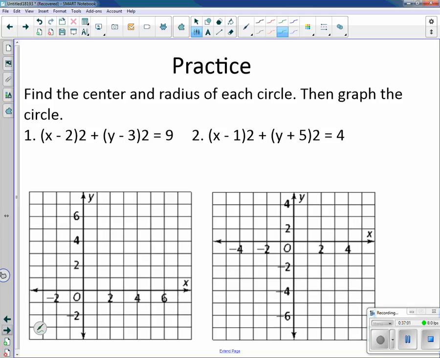The first one is 1 and 2. You are graphing them. Is everybody with me? 3 through 6, you're writing me the equation. 7 through 8, you're writing the equation. And number 10, just hold off on number 10. Don't worry about number 10 for right now. Okay?